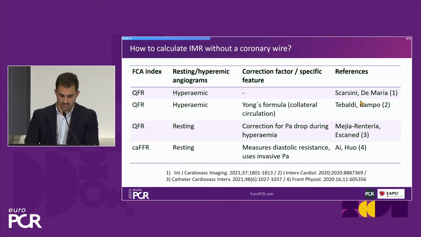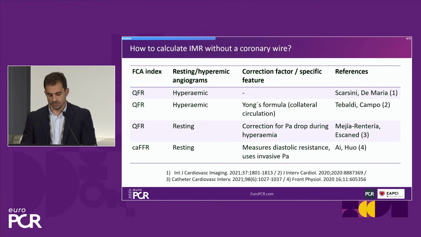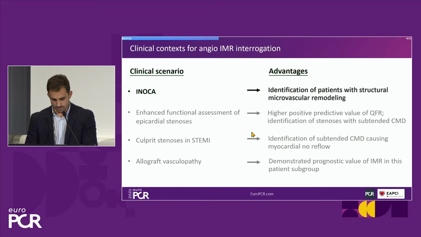Also, our group from Hospital Clínico with angio-IMR using resting angiograms and the correction factor to adjust the pressure drop during hyperemia, and also other indexes from Chinese colleagues using QFR, in this case resting angiograms and measuring diastolic resistance.